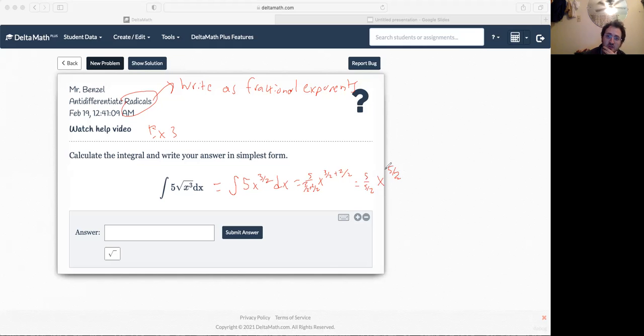And 5/5, well, if you think about it like 5/2.5, just make sure you're adding your plus c as well. This would come out to 2x to the 5/2 plus c.